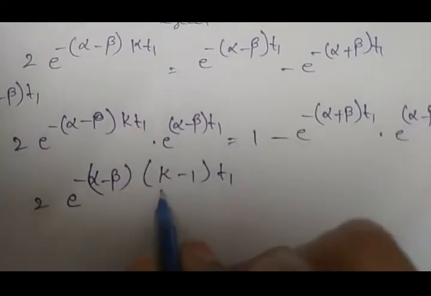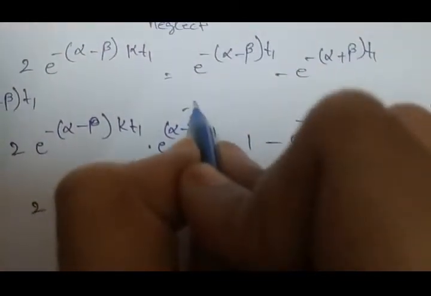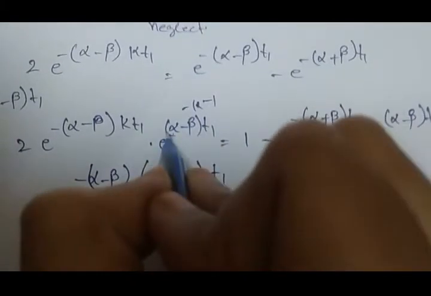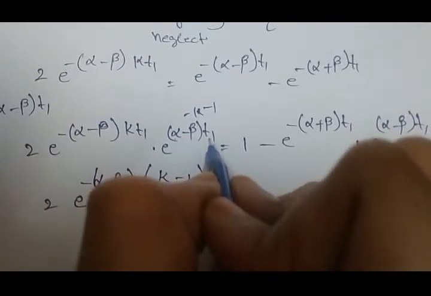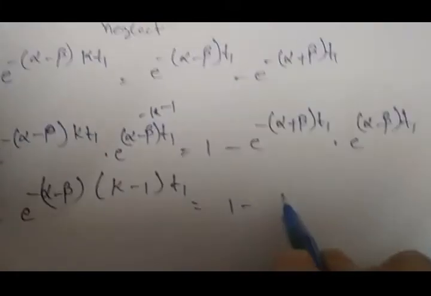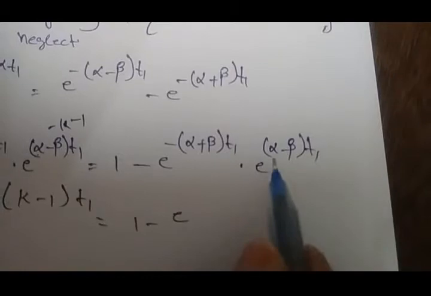If anybody doesn't understand this expression, you simply take the minus 1 factor. One minus will be there for your minus alpha minus beta, and another minus will be for your T1. So you can get this. So 1 minus e power, and minus plus will cancel out, so it will be minus 2 beta T1.